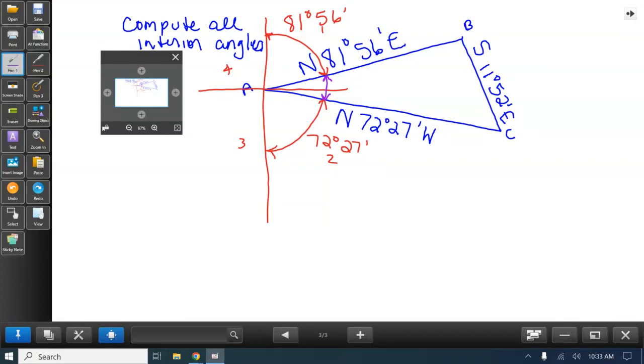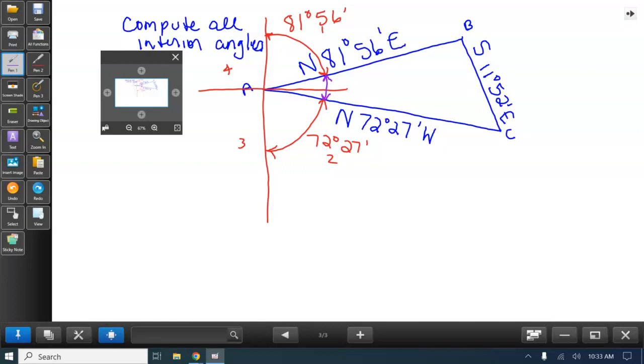So if you sketch your north, south, east, west, I know the first one's in quadrant 1, so the 81 degrees, 56 minutes is the angle it makes from the north. And A to C is in quadrant 2, and that's the angle it makes from the south, so that's the 72 degrees, 27 minutes. Then I'm looking for the angle between the two lines. So you would add the 81 and the 72 and subtract that total from 180.